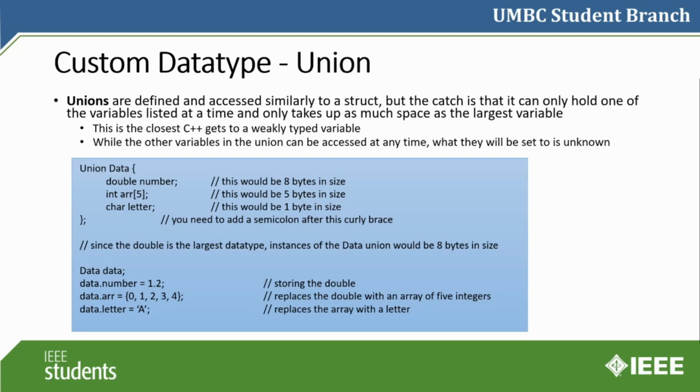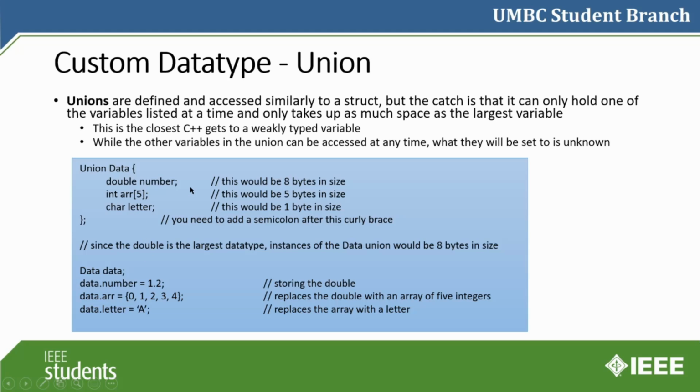The last custom data type we're going to talk about is a union. Unions are similar to structs in the way that they're declared. However, the difference is that the union can only store one of these values at a time.